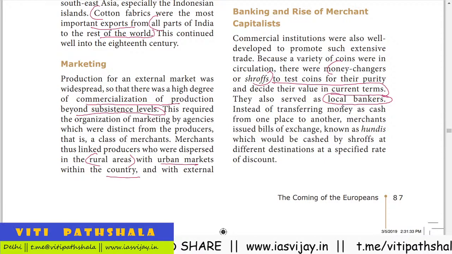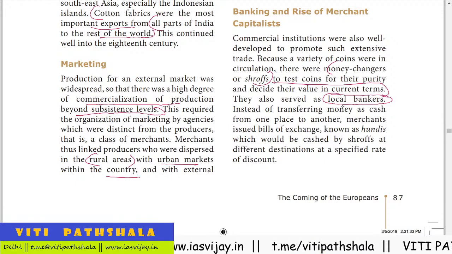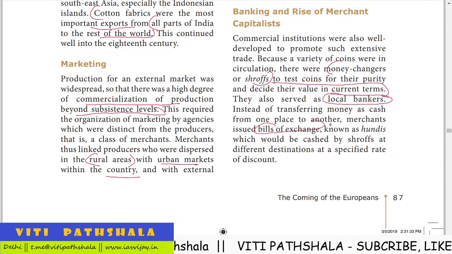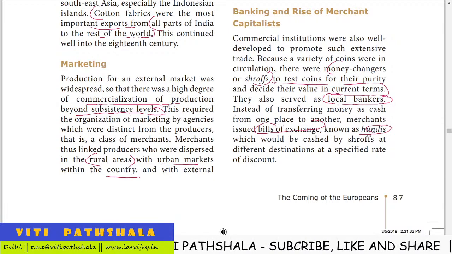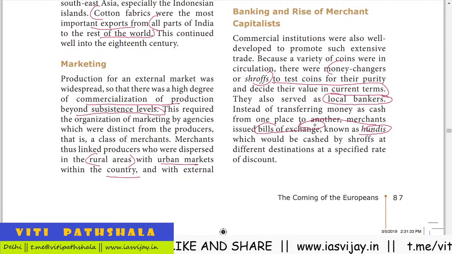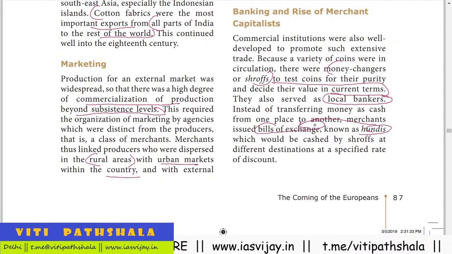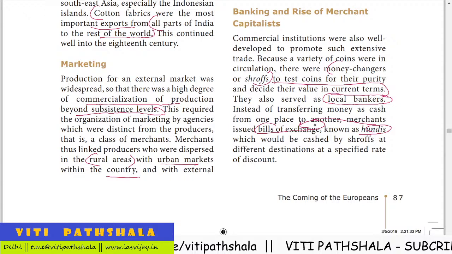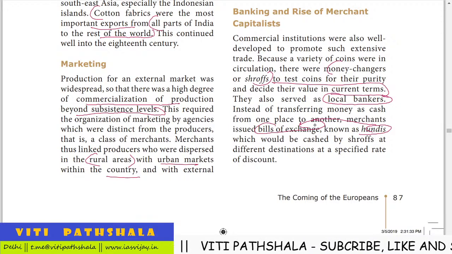Instead of transferring money as cash from one place to another, the merchant issued the bills of exchange known as the hundis. So what did they issue? Hundis were issued, which are called bills of exchange. Now which would be cashed by the sheriff at the different destination at the specified rate of discount.